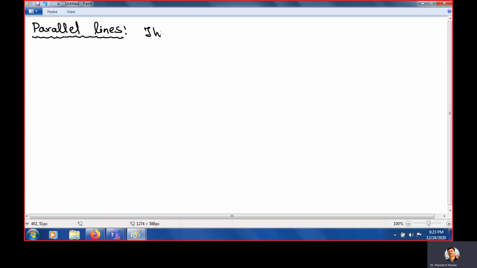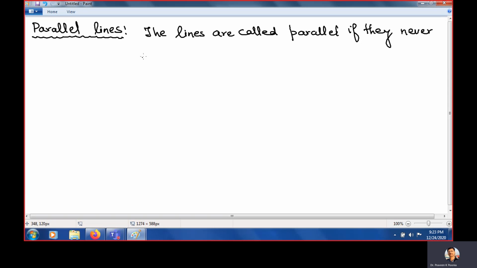Lines are called parallel if they never intersect. Intersect means cross. Clear? So if two lines never cross each other, then the lines are called parallel lines.